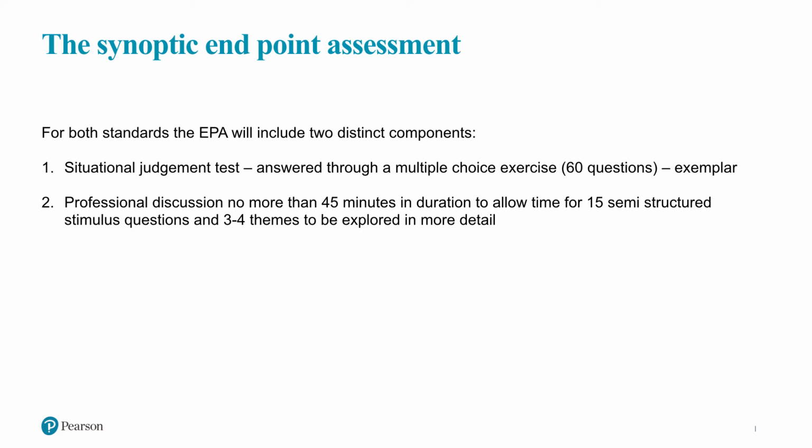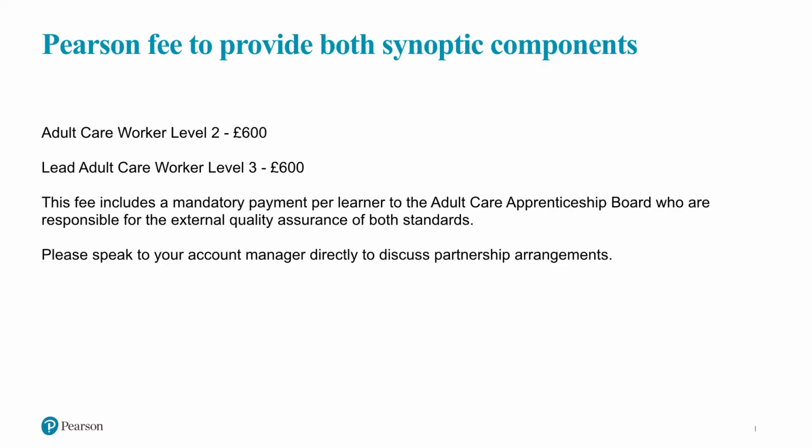Okay, so just really talking about the fee to provide both components. We've worked really hard to allocate a fee to this that is within the 20% allocation of the funding cap. There are lots of things we've had to consider within this fee.